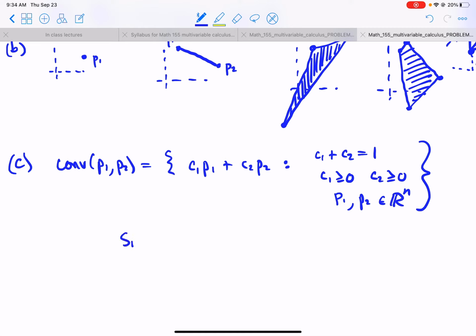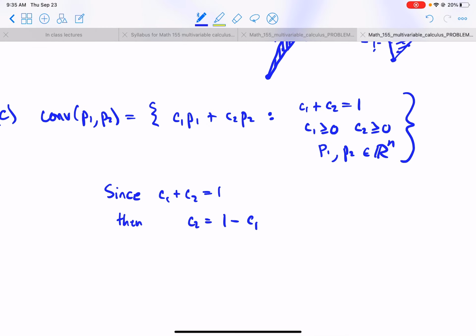Okay, then I'm going to write, since C1 plus C2 equals 1, C2 can be replaced by 1 minus C1.